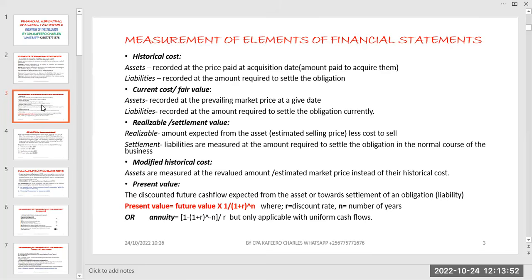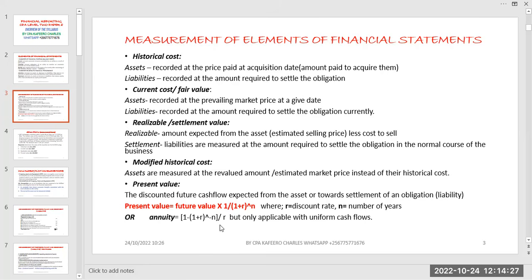But when the cash flows are uniform, we are receiving 5 million every year for 10 years, we can use an annuity factor. And to get an annuity factor, here we are not going to be using tables, but I want you to be familiar with the formula so that you can compute everything using the formula. It is [1 minus (1 plus r) to the power negative n] over r.